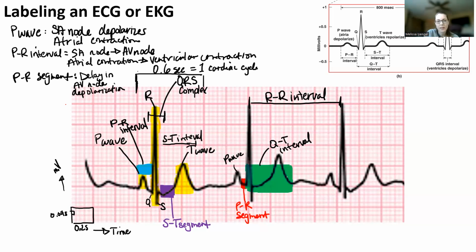So remember, we have to have that delay in the AV node depolarizing so that we can completely contract the atria, and then we're going to start to contract the ventricles, okay?